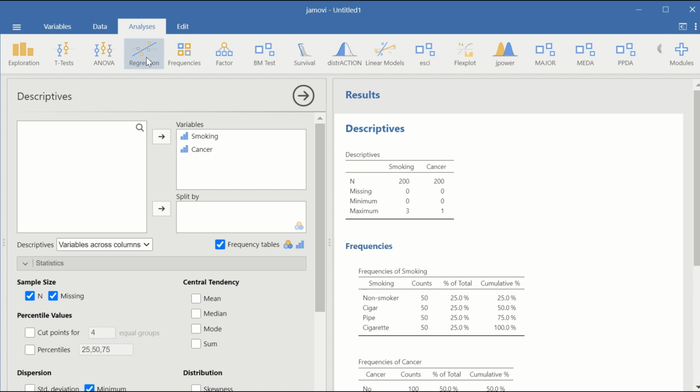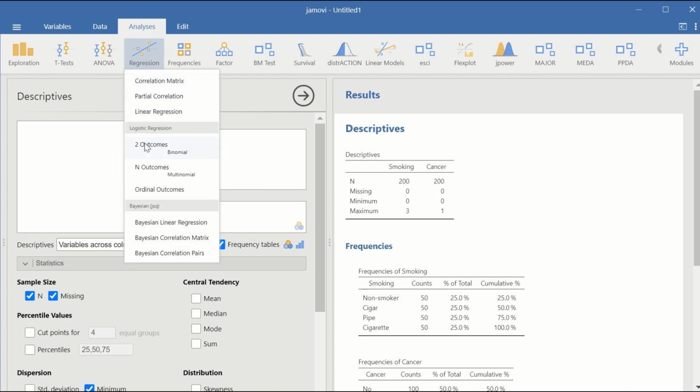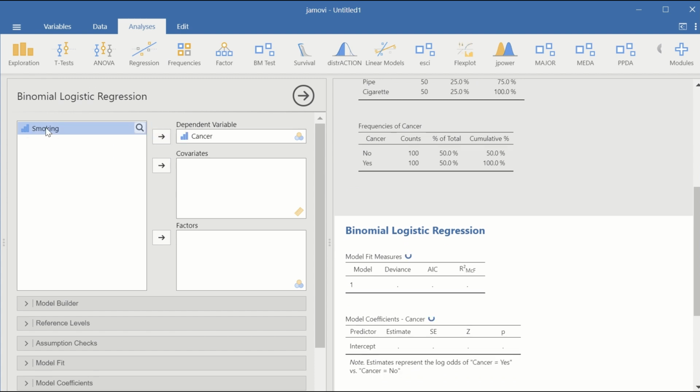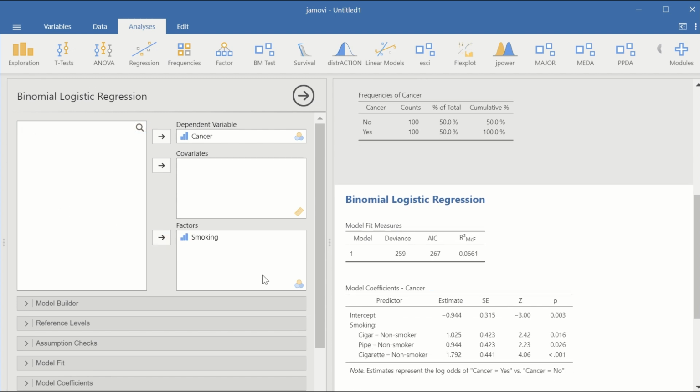To do that, click on Regression here, and then scroll down to the 2 Outcomes Binomial regression test. In the new window here, drag the cancer, which is the outcome, into the dependent variable. Drag the smoking, since it has categories, into the factors, since it has 4 levels in it.